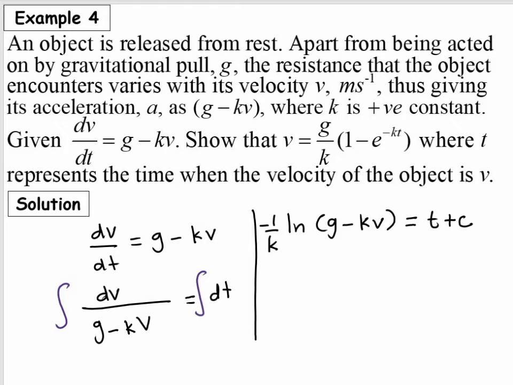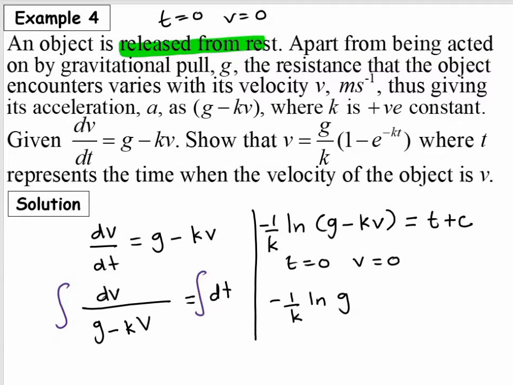From the question, we know that the object is released from rest. This means when t equals 0, v equals 0. Let's substitute into our general solution. When t equals 0, v equals 0, so we have negative 1 over k, and then ln g, equals c.